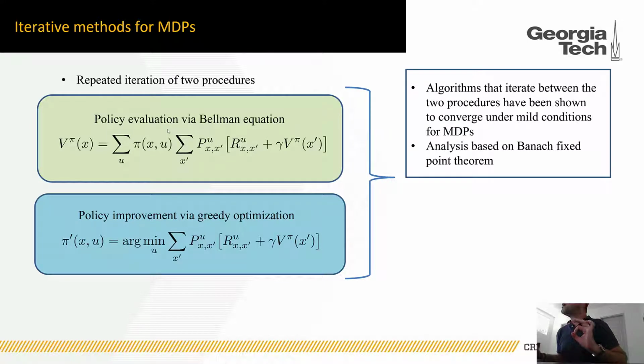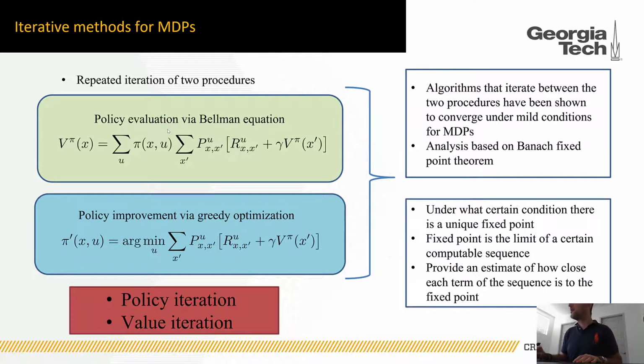Okay, so the algorithms that iterate between the two procedures of policy evaluation and policy improvement have been shown to converge under mild conditions for Markov diffusion processes. And of course, for those of you who are interested, the analysis is based on Banach's fixed point theorem. In other words, you can find under what certain condition there is a unique fixed point.